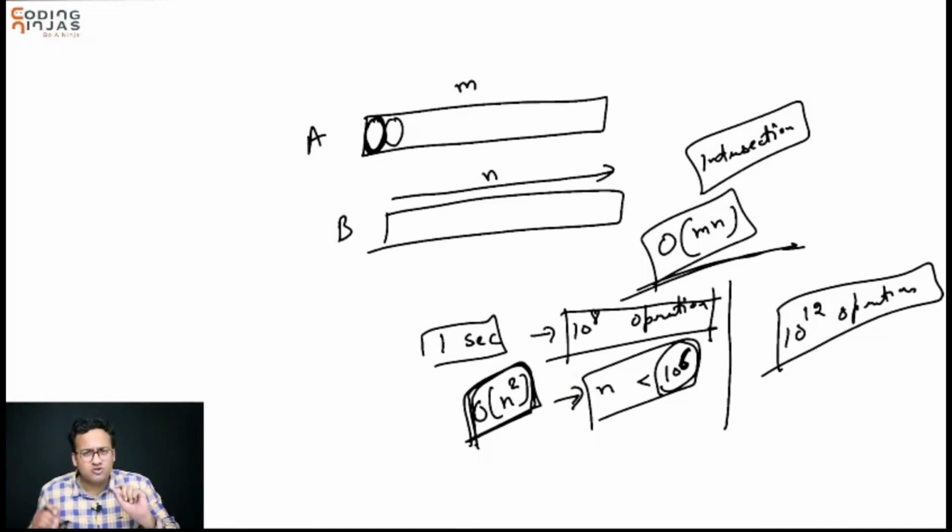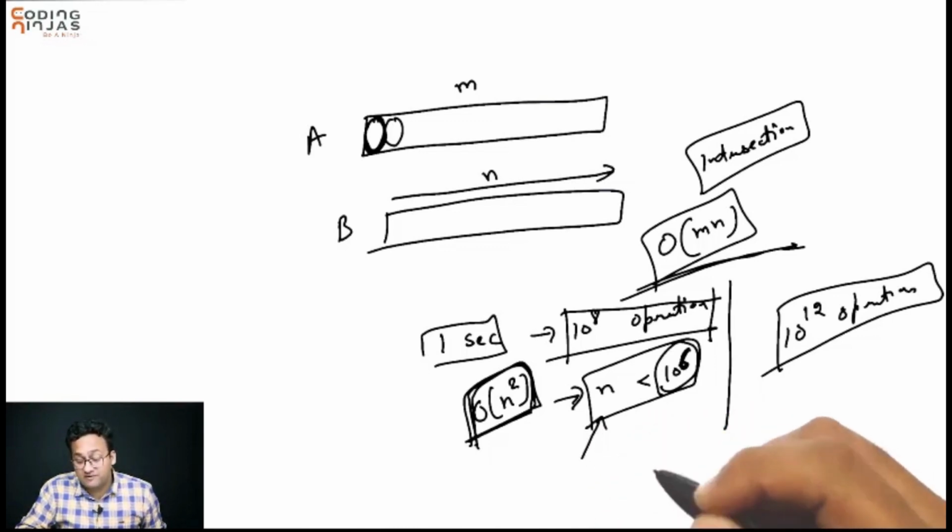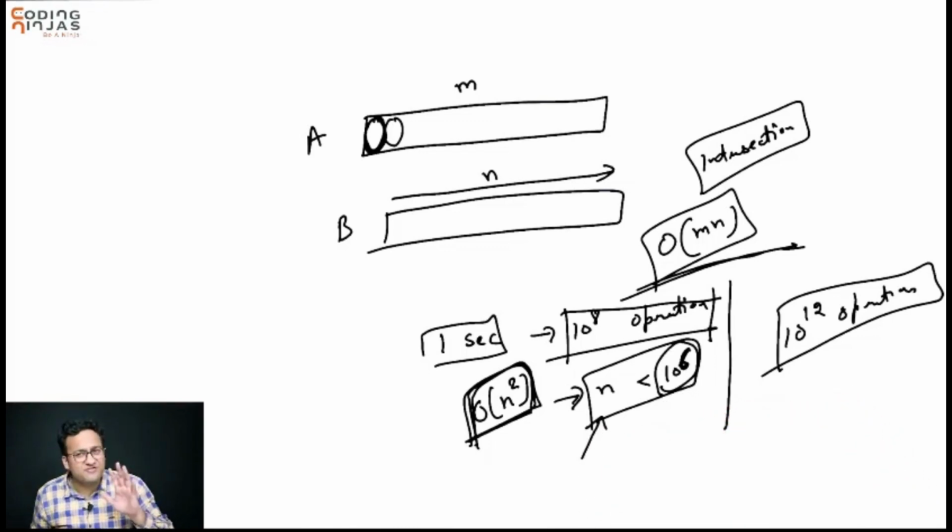I'm just giving you a small trick that has nothing to do with this particular problem. In general, if you are taking part in any competitive programming, you will know the constraint given to you, and from it you can guess up to what time complexity your solution will be accepted.